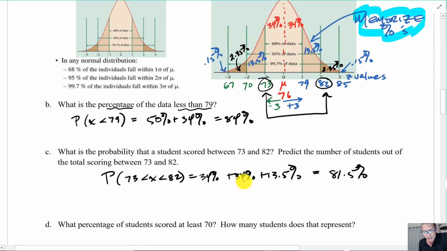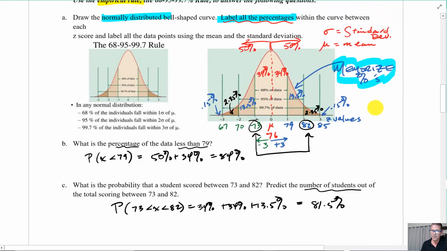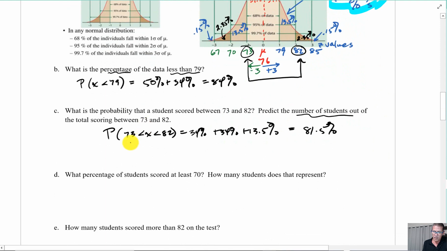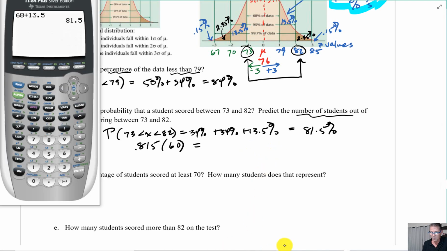So 81.5% of the data lies between those two. So we predict that the probability that anybody scored between 73 and 82 is about 81.5%. The question is what is the number of students that falls in that range. If you read the problem up here, there are 60 students in the class. So this is part B now, the second part. 0.815 times 60 gives us the number of students.